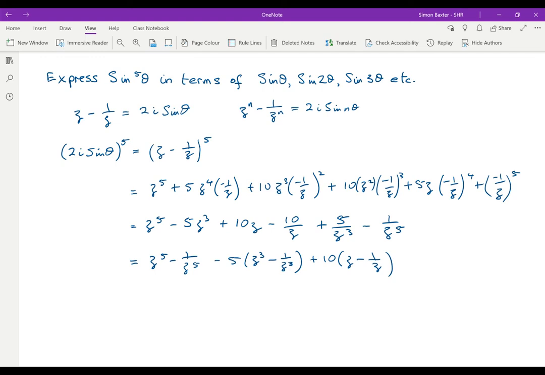Okay, what have we got? The top line right up here tells us that we are dealing with 2i sine theta to the 5. 2 to the 5 is 32. i to the 5 is i, and sine to the 5. So we have 32i sine to the power 5 theta.